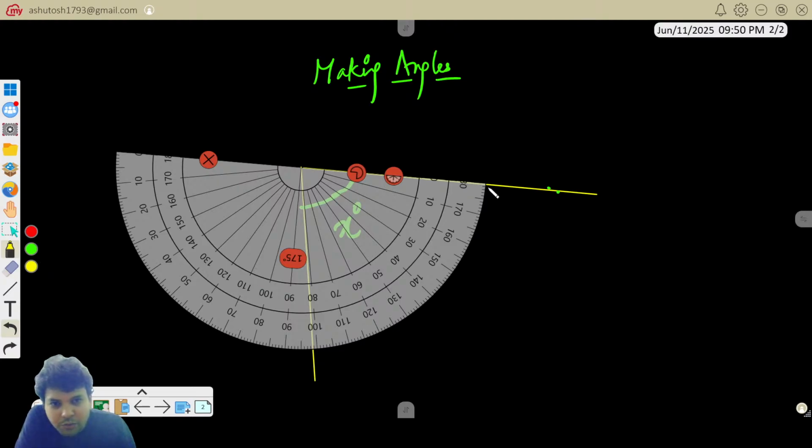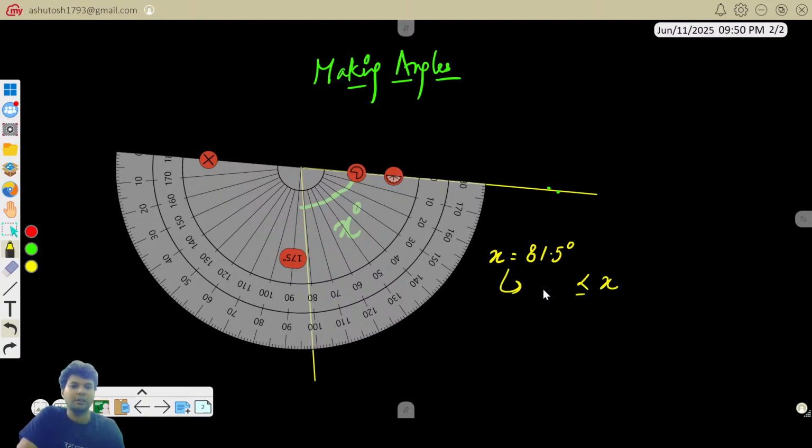It is coming from 180 degrees. We are getting a 100. There are total 10 segments, so every one segment is 1 degree. It is coming in between. This means that 180 minus 100 is 80 degrees, and it is coming more than 81 but less than 82. So we get the answer of X as 81.5 degrees. We can write it as X is greater than or equal to 81 degrees, but less than or equal to 82 degrees. So X lies in between these two values.